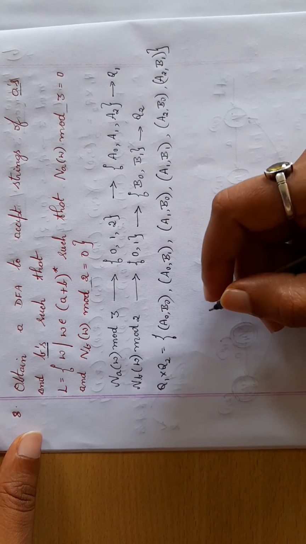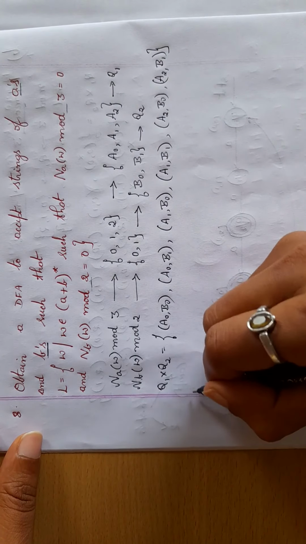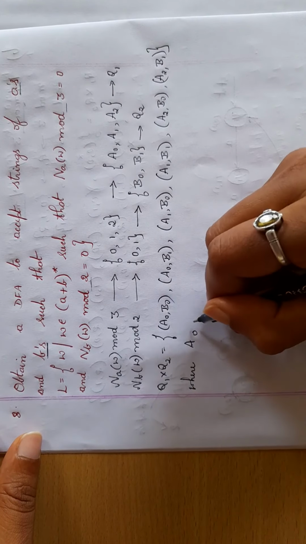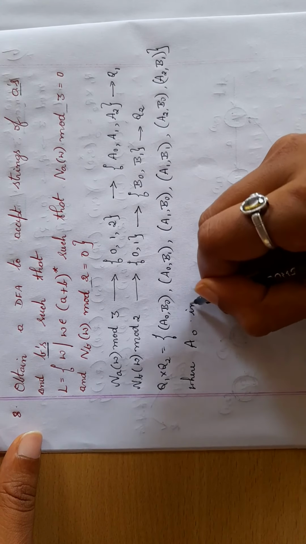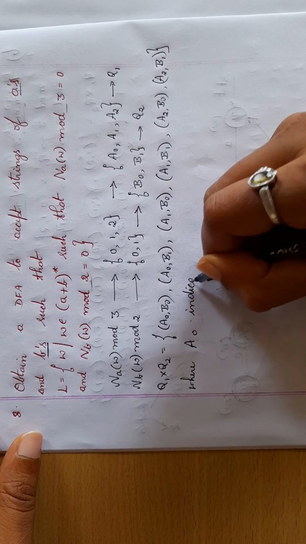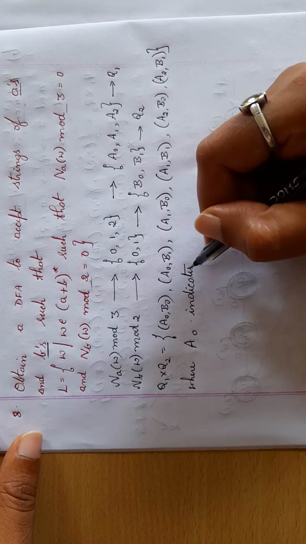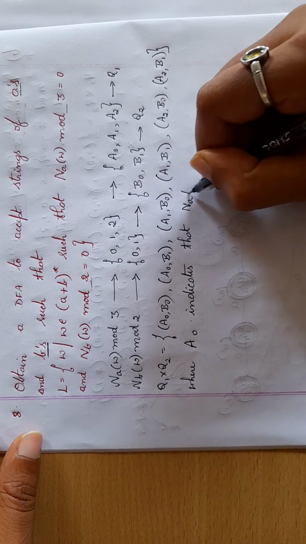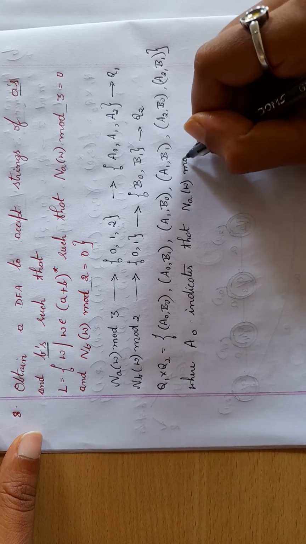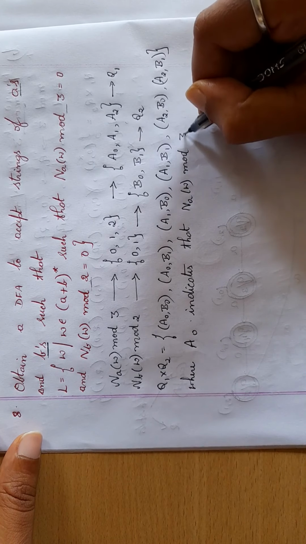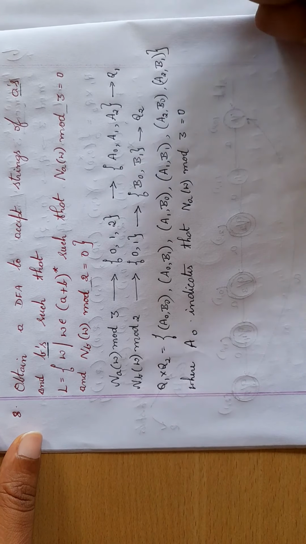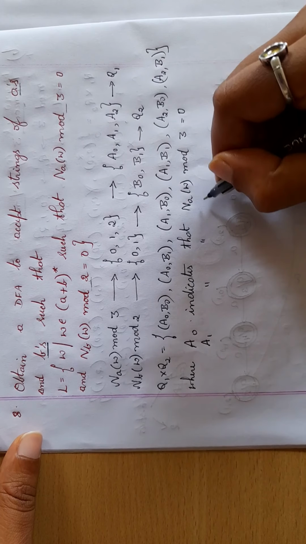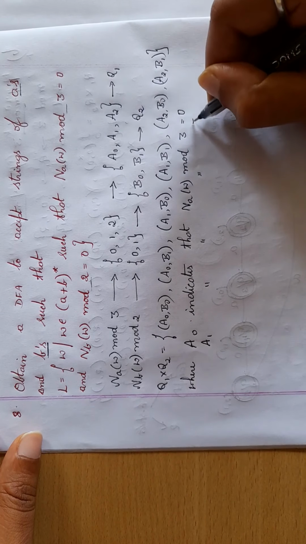Now you can write down what each indicates. A0 indicates that NA of W mod 3 is 0. A1 indicates that the number of A's mod 3 is equal to 1.